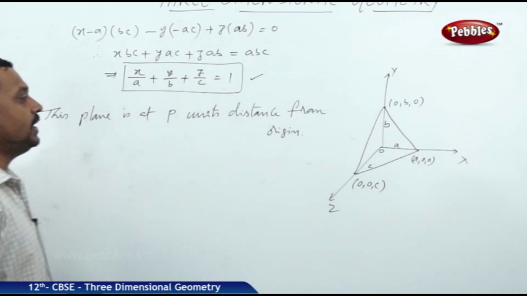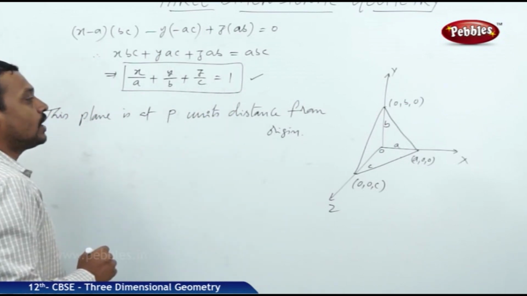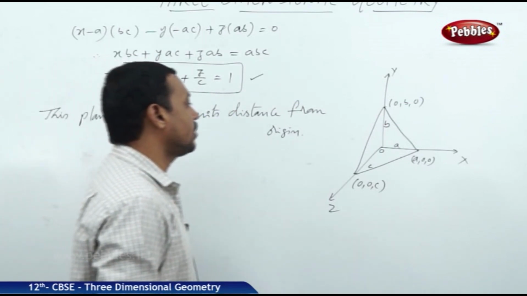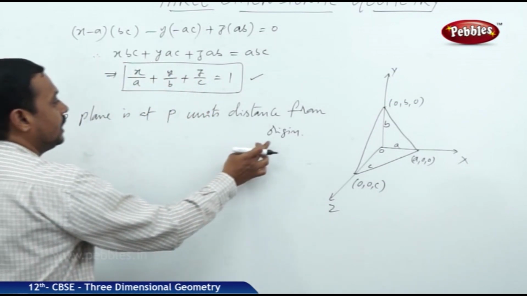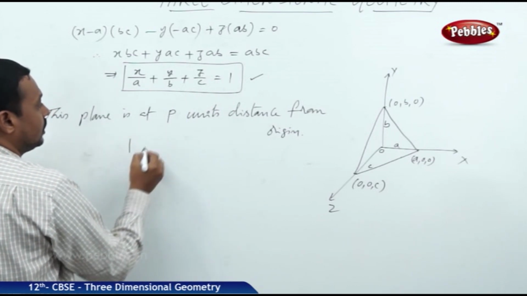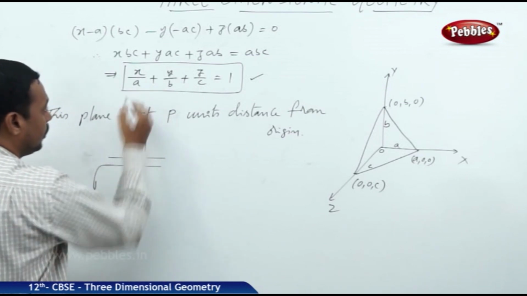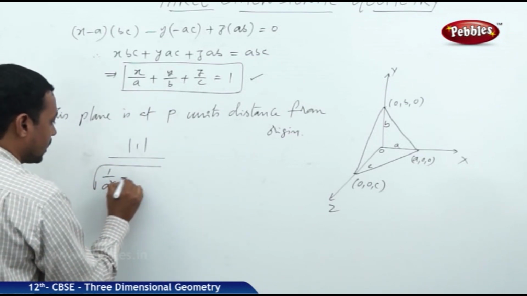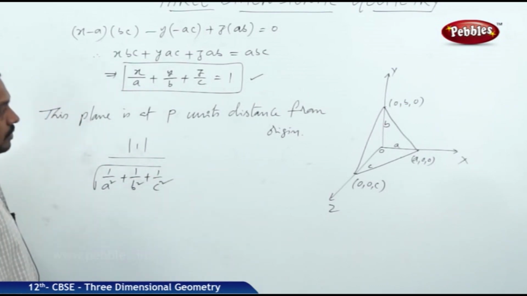Therefore, the perpendicular distance from origin to the plane is equal to p. But what is the perpendicular distance from origin to the plane? That is equal to modulus of d, where d is equal to 1 by root of 1 by a square plus 1 by b square plus 1 by c square.